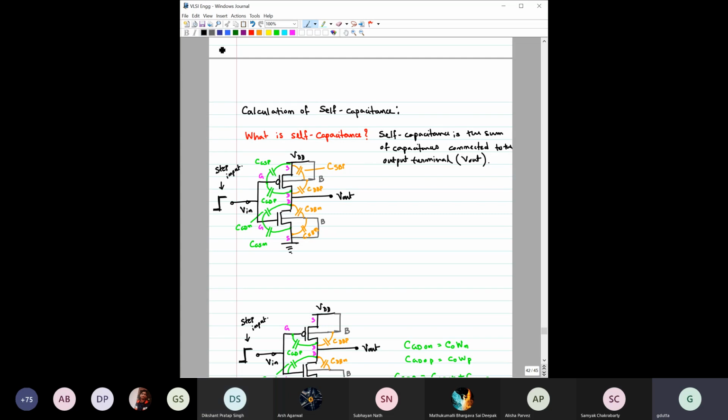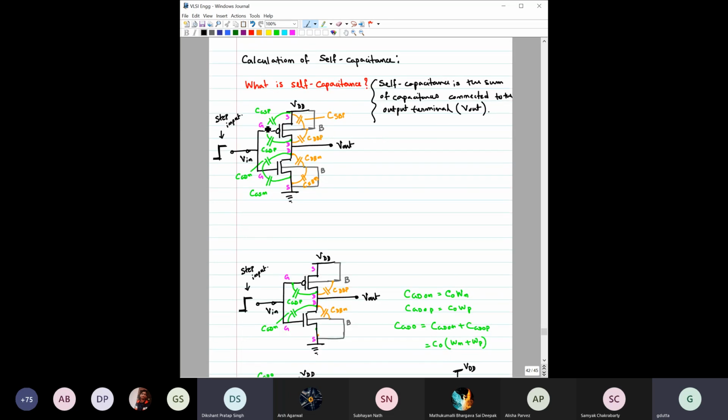Now, if I can tell this much, I want some help from your side. Here you can see I have drawn for this inverter almost all the capacitances which might be possible. Now you have to tell me how I should approach finding this self capacitance.